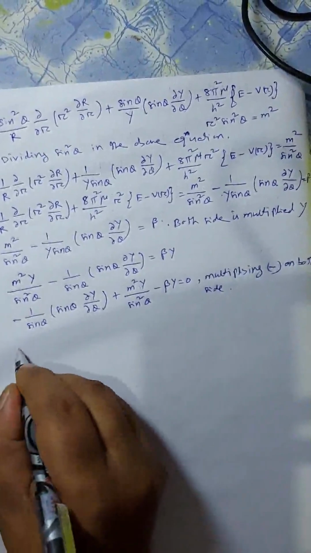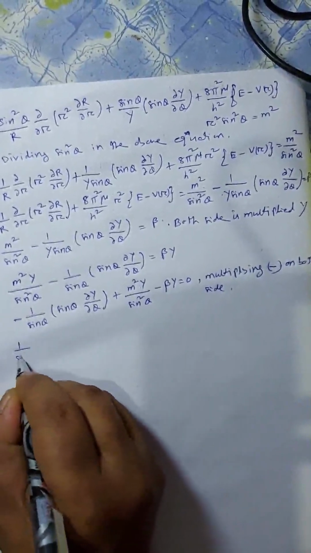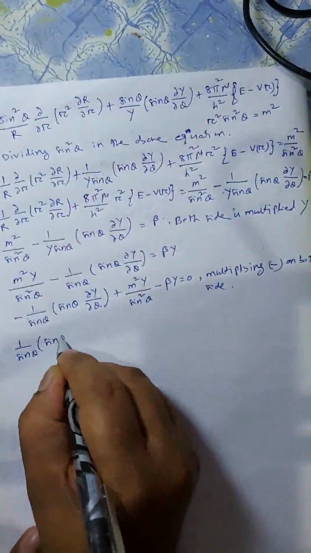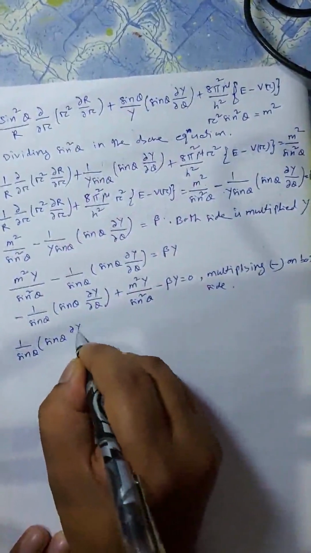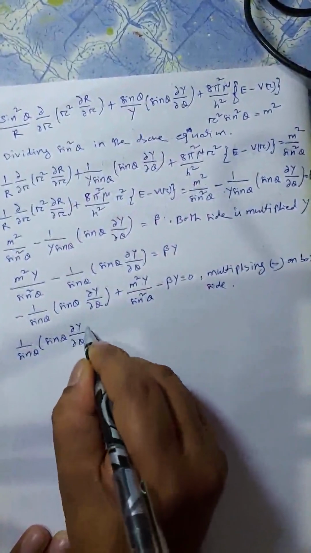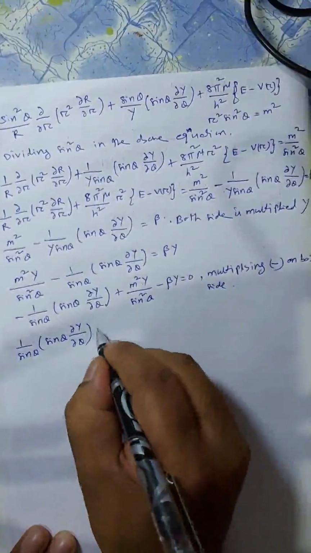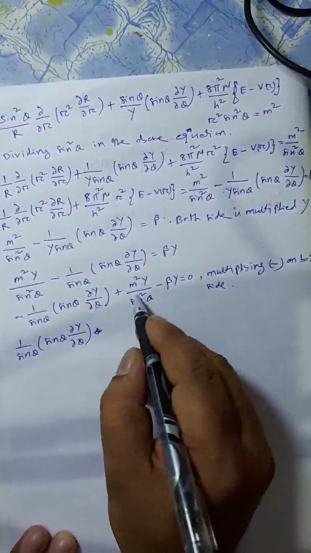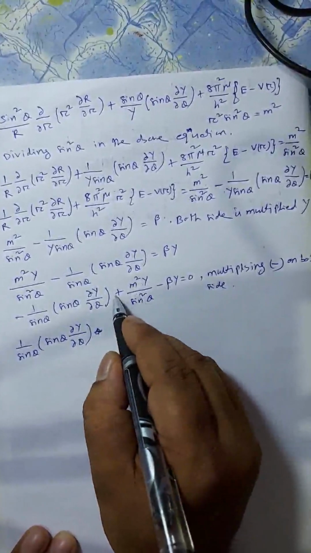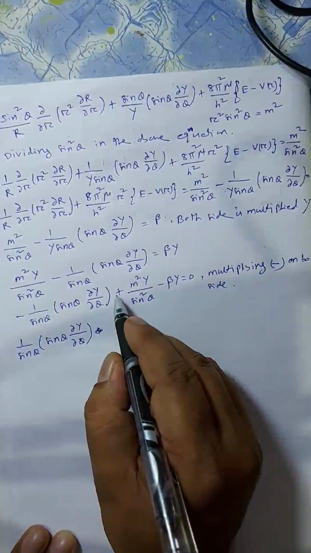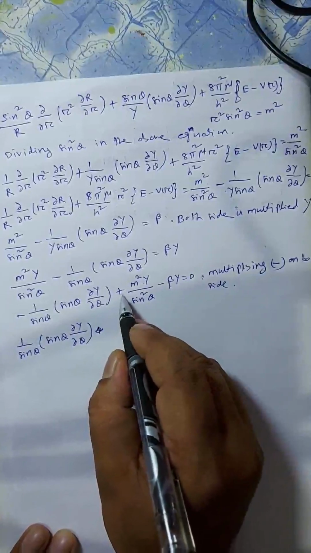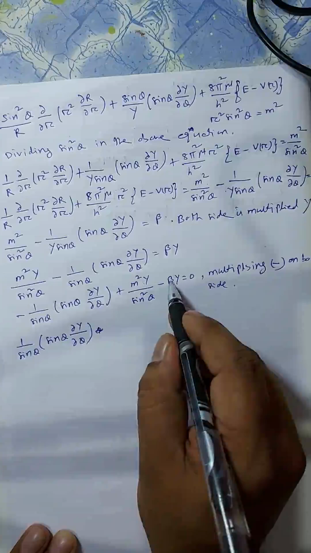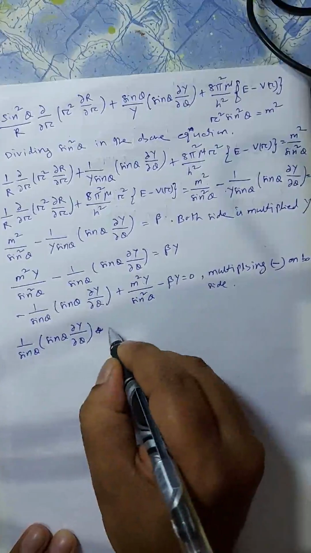Minus becomes plus 1 by sin theta dou y by dou theta, plus, take y common, no, it becomes minus. This one is minus m square, and this one becomes plus. So I take y common from both terms.